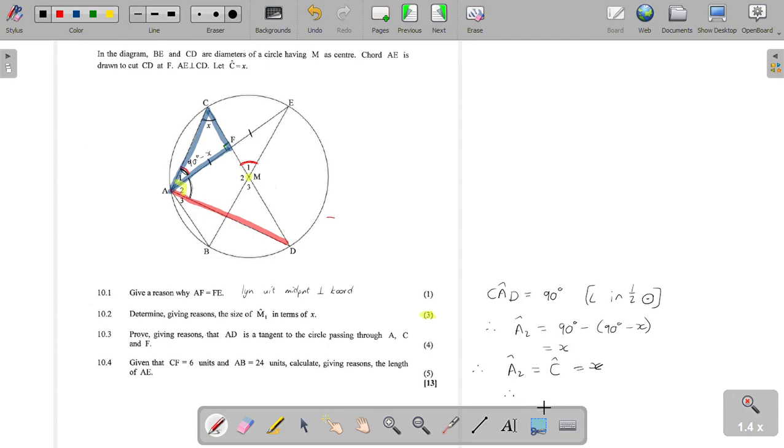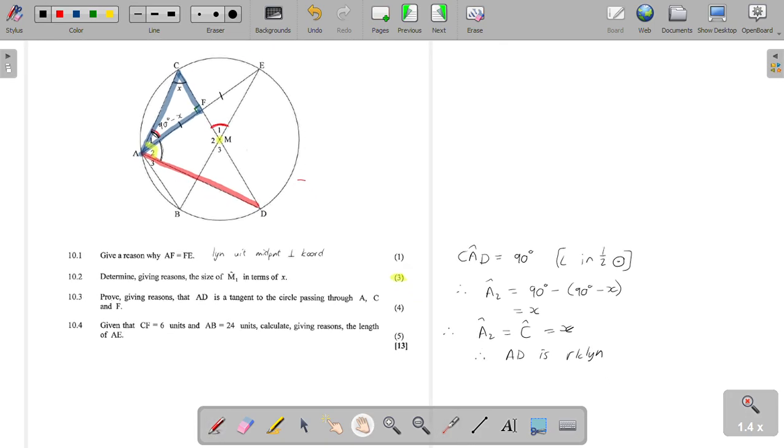So dit wil sê AD is 'n raaklyn, and your reason will be converse tan chord theorem, raaklyn koordstelling. Okay.